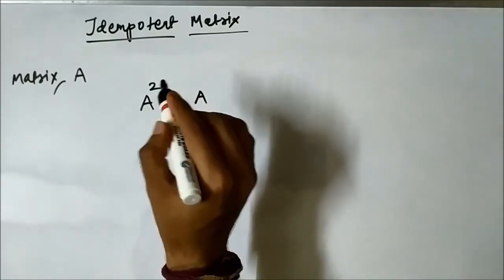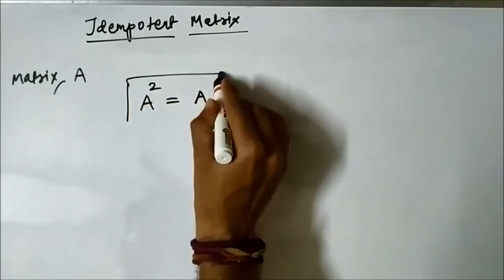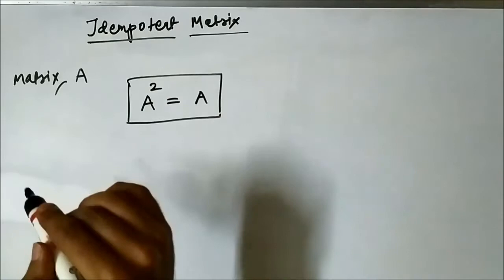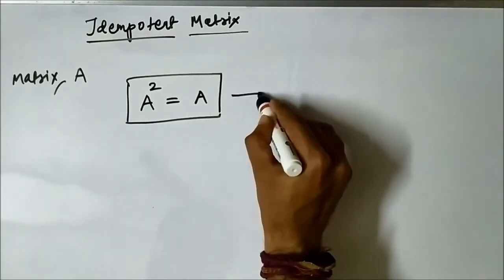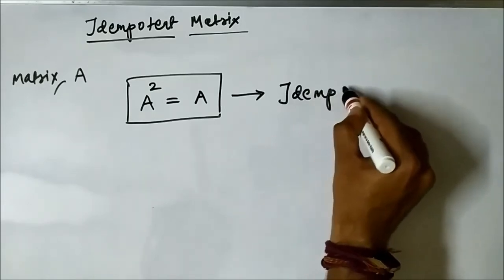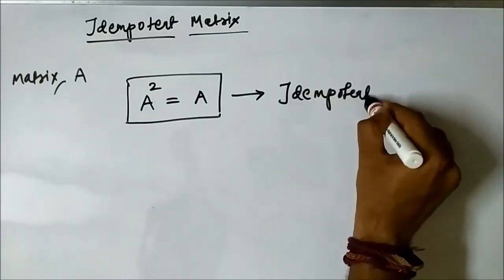If the square of the matrix A gives us the same matrix A again, then it is said to be an idempotent matrix.